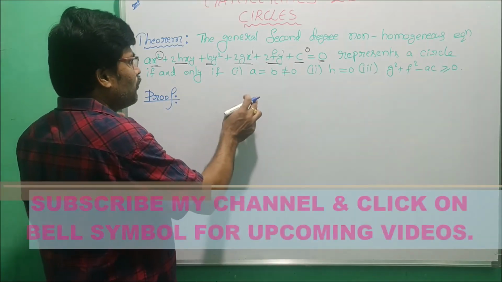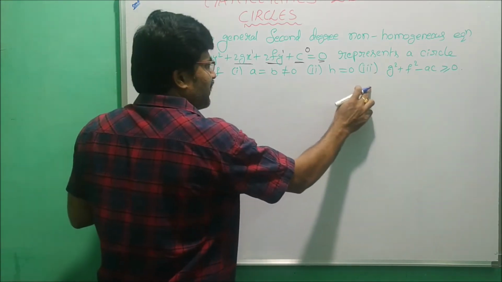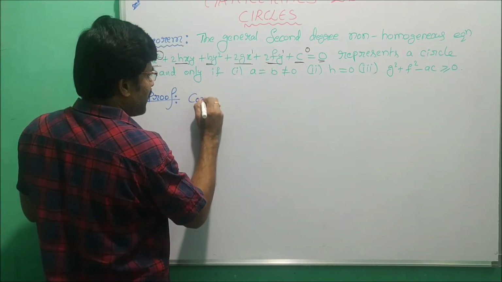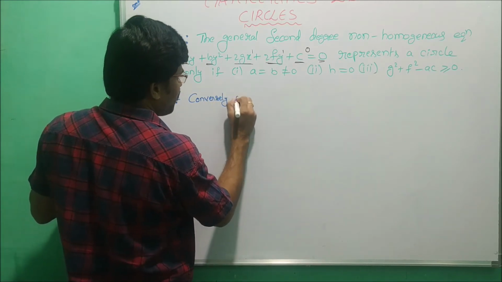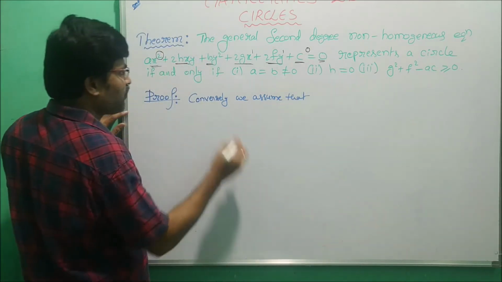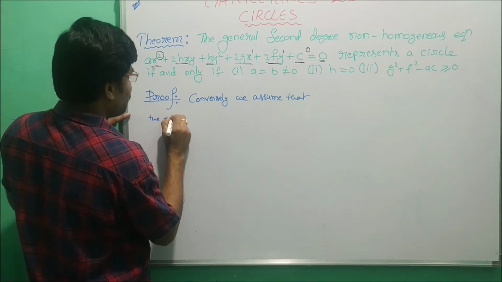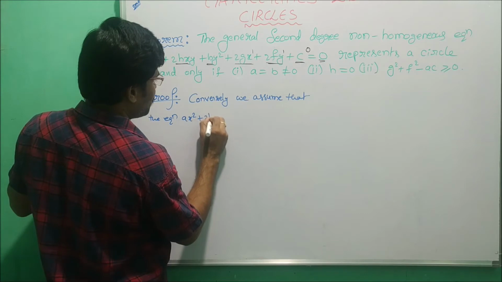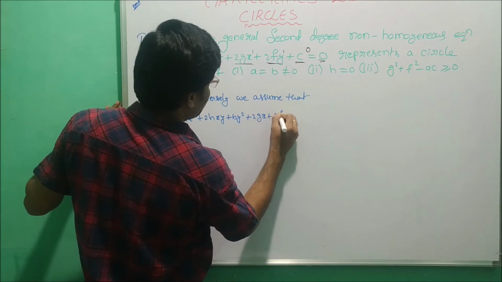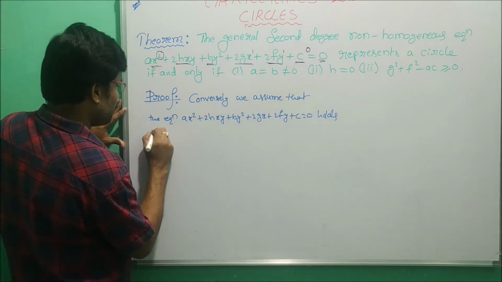Now here we prove that any second degree non-homogeneous equation which holds these three conditions, then that equation represents a circle. Now conversely, we assume that the equation ax square plus 2hxy plus by square plus 2gx plus 2fy plus c equal 0 holds the following conditions.